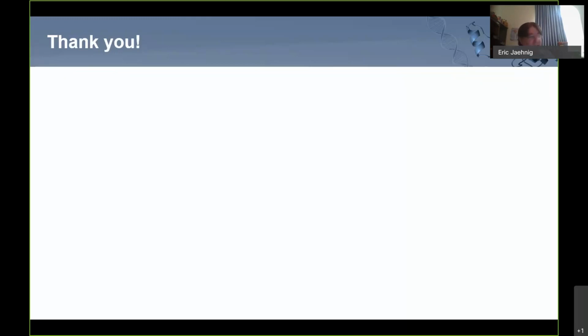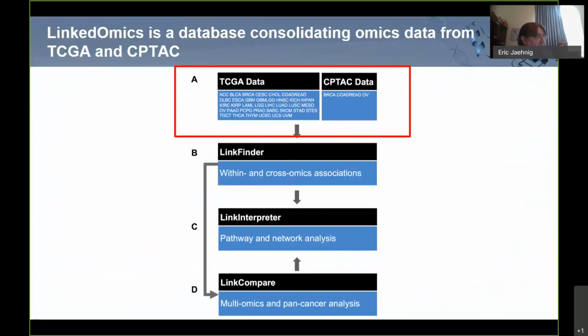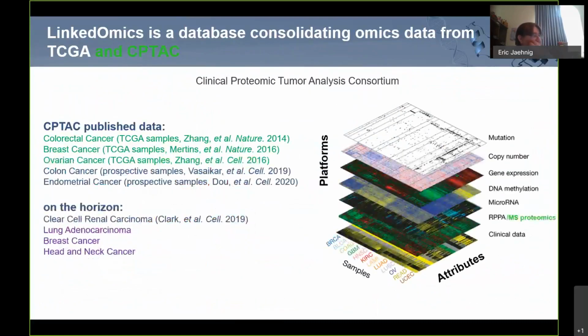So if we go back to this slide here, all of this data at the top is available right now. The clear cell renal carcinoma has been published, but we just haven't entered it yet into the database. These other three data sets where the manuscripts have been submitted are actually already in there. They're just restricted access right now.